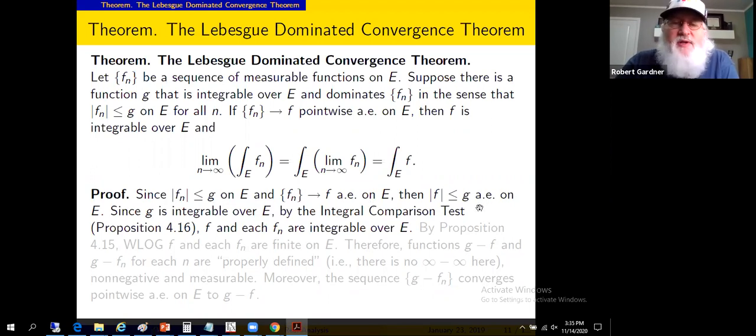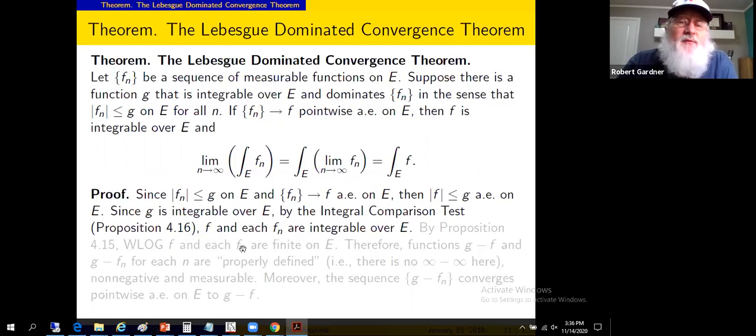So we're stuck with an almost everywhere, but that doesn't affect anything. These are sets of measure 0. Since g is integrable over E, by the integral comparison test we've got this bound. This is finite when integrated. So this is finite when integrated. And this is finite when integrated, integral comparison test.